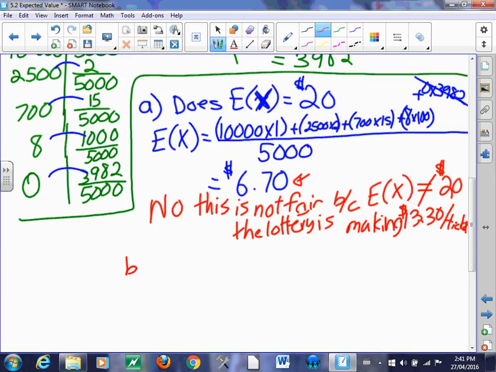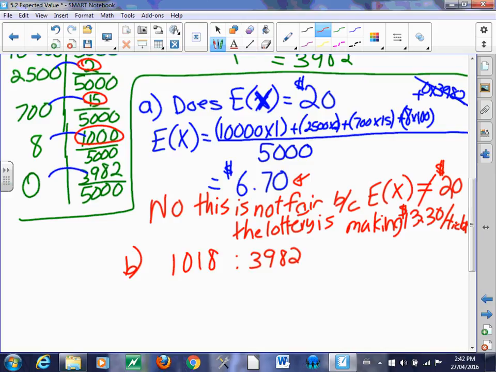Taking a look at B, the second and last question for today is what are the odds of winning something? Okay? Well, if we know we lose 3,982 times, the total that we win are going to be this plus this plus this plus the 1. Add those up and that's 1,018 ways to win.